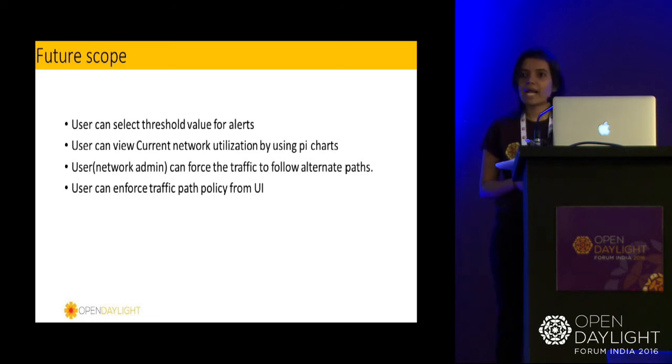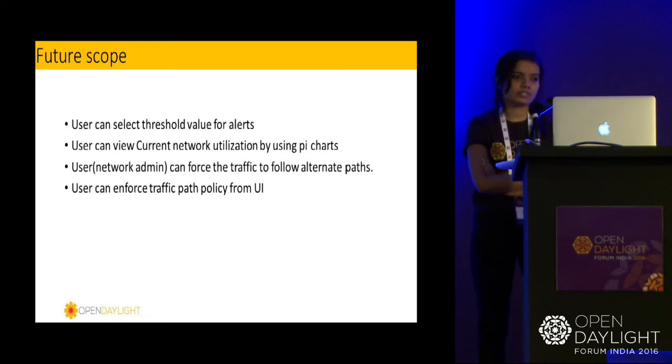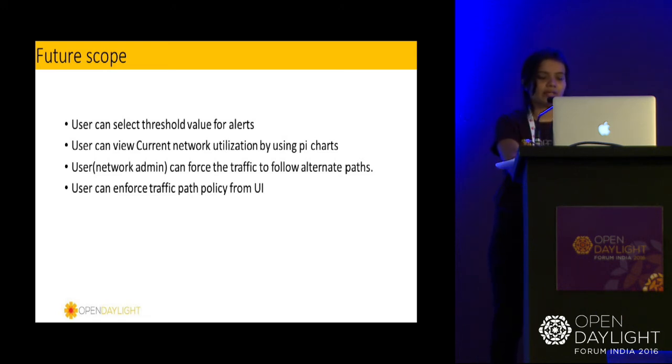So we can add this threshold value through the UI. The second thing is we can show some pie charts of network utilization. We can consider certain parameters and measures like congestion and bandwidth, monitor that, and then show pie charts of our network utilization in DLUX.